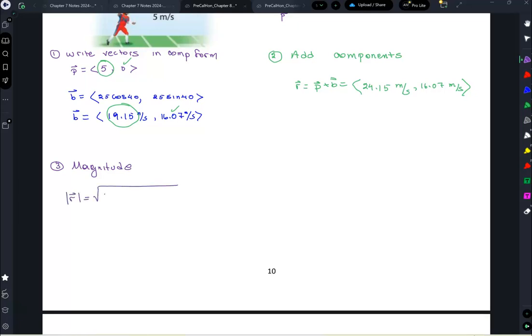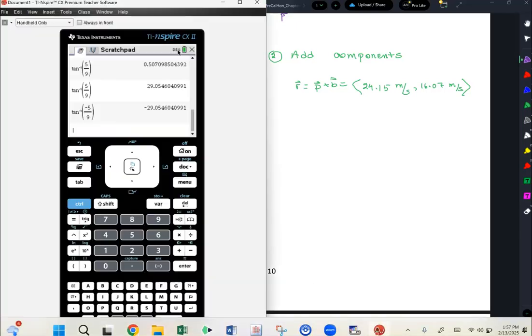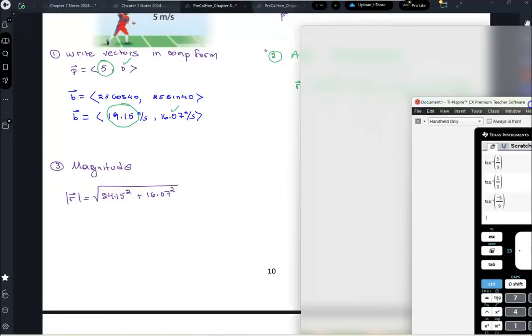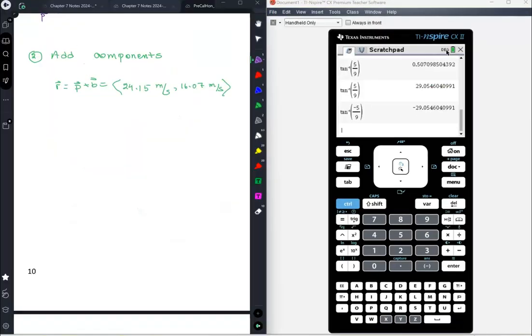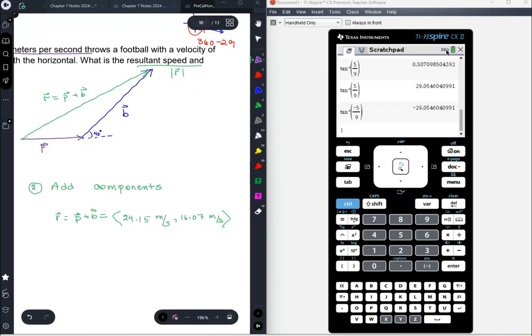That's the square root of the first number squared plus the second number squared. But we're going to use the values that we got, the full values. So why don't we do that? Let's do it using storing variables. So take out your calculators, do this with me.